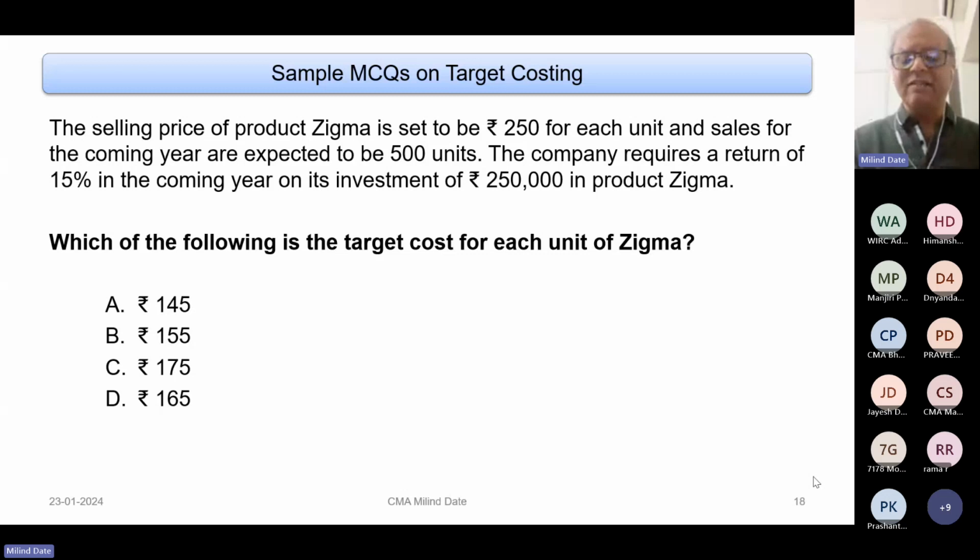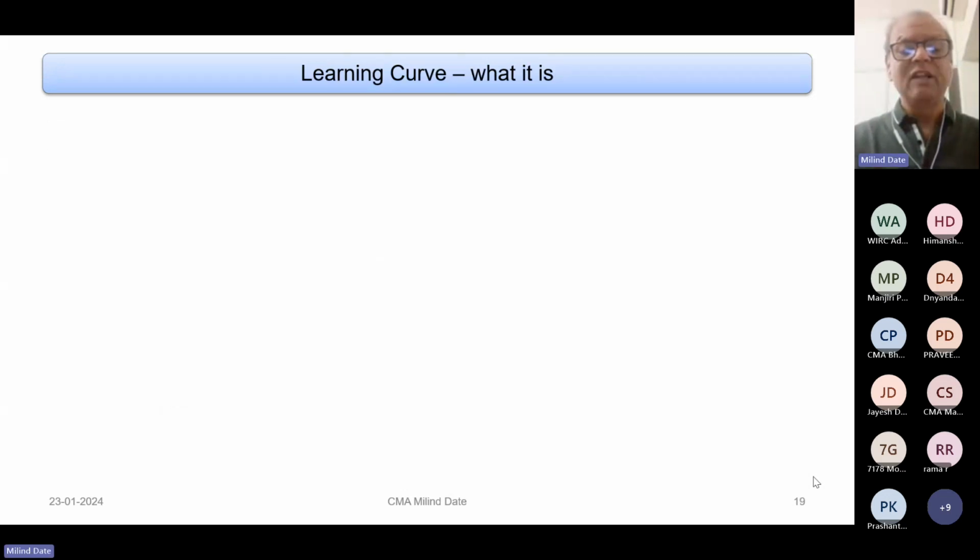Let's now look at the concept of learning curve. Now, this is a concept which is called an emerging concept, but it is highly unlikely to find its way into the role of a management accountant, because the industry has suddenly changed upside down in the last 20 odd years.